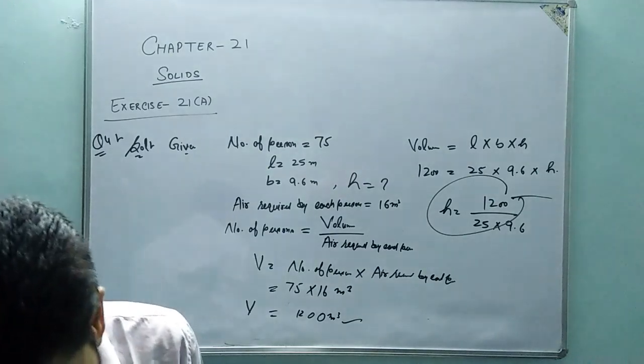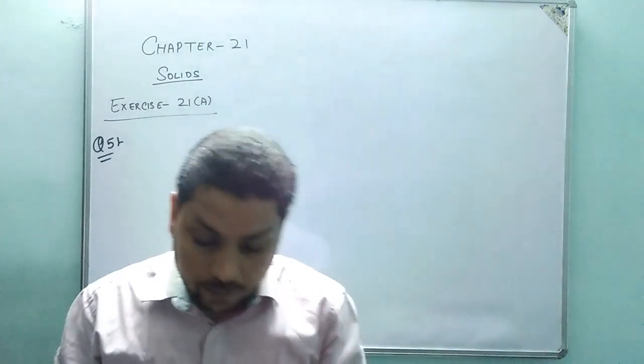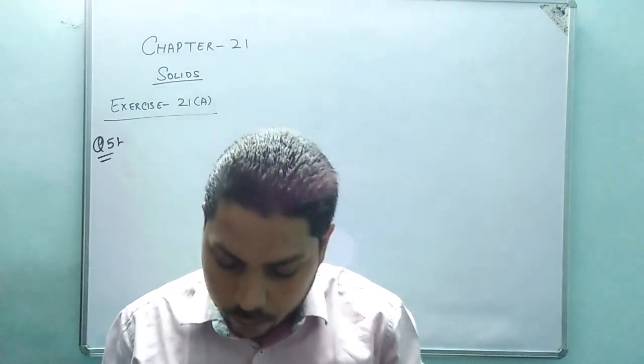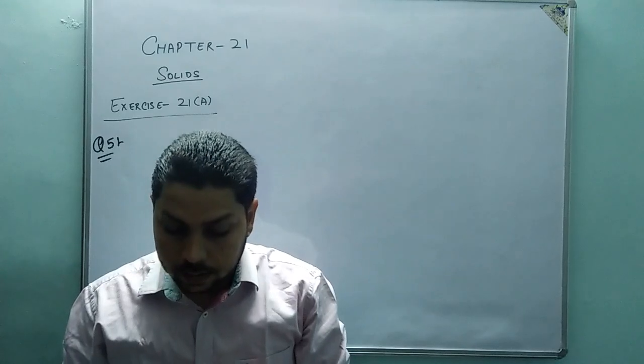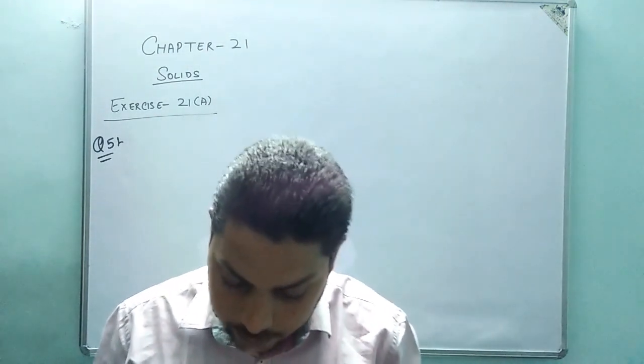Then next question, question number 5. Edges of 3 cubes of metals are 3 centimeter, 4 centimeter and 5 centimeter.